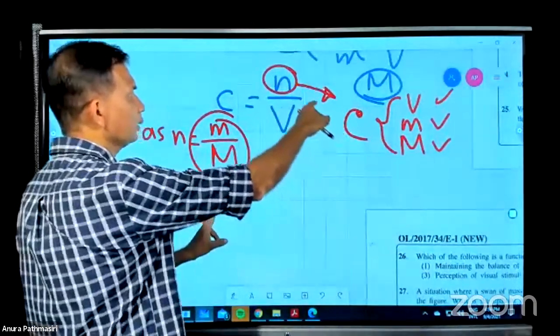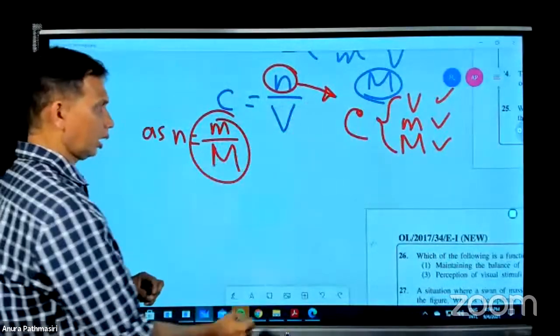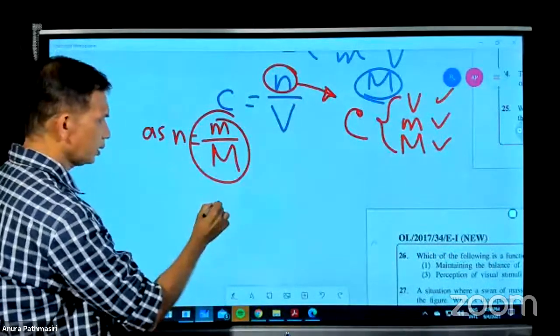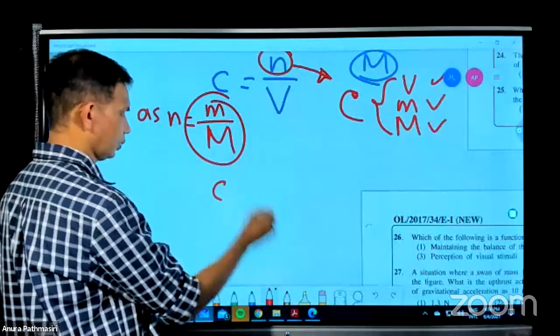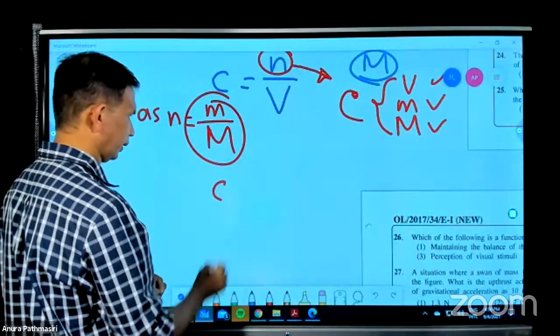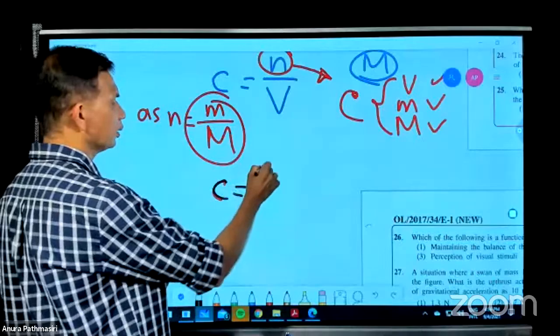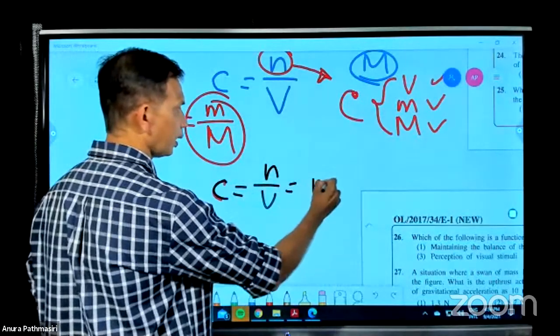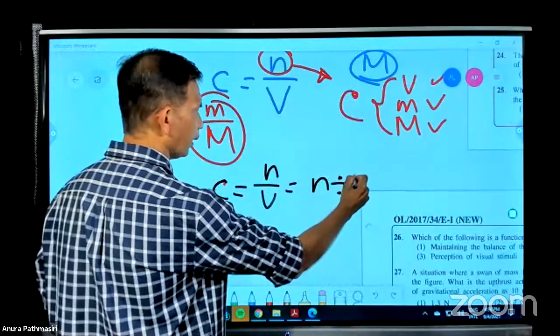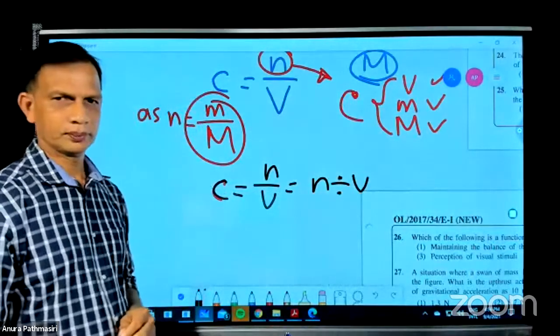I'm going to explain it very clearly. C equals n over V, means n divided by volume.